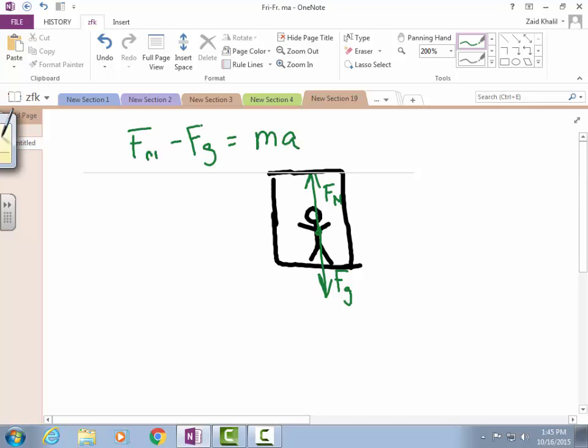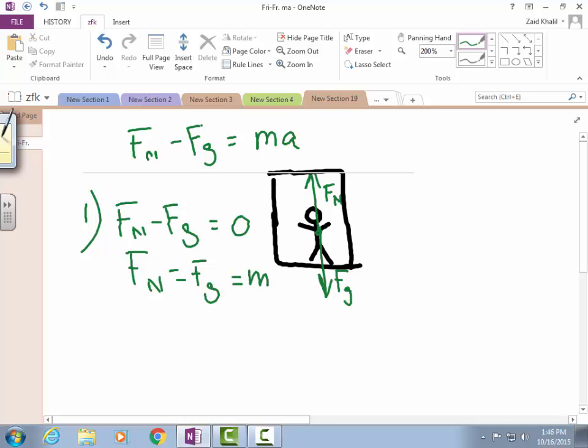This is always true, and there are no other forces acting on him. So initially, what's the acceleration of the elevator? 0. So this equals 0. So step 1, Fn minus Fg equals 0, which tells you that Fn equals Fg equals mg.